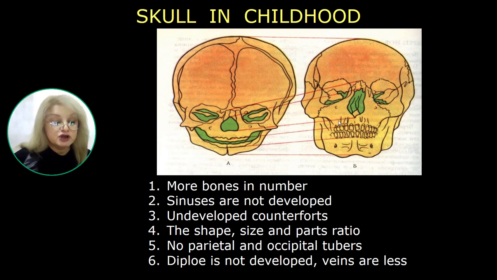Then the shape, size, and parts ratio, of course, are different compared to the adult skull. There are no parietal and occipital tubers or prominences. Diploe, that is the space, is not developed, and the veins are fewer.